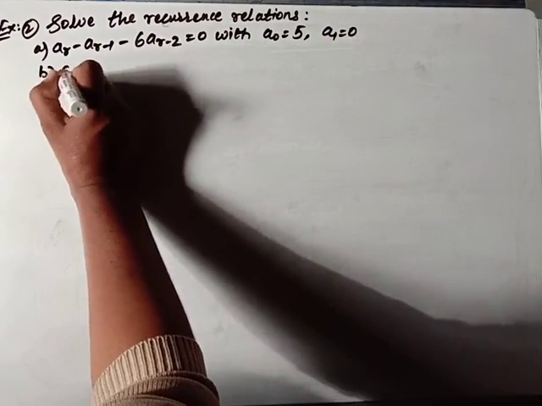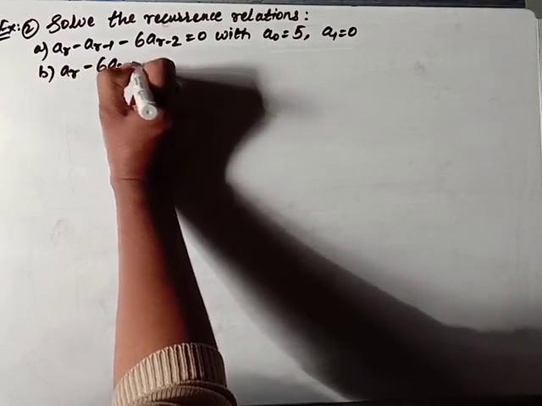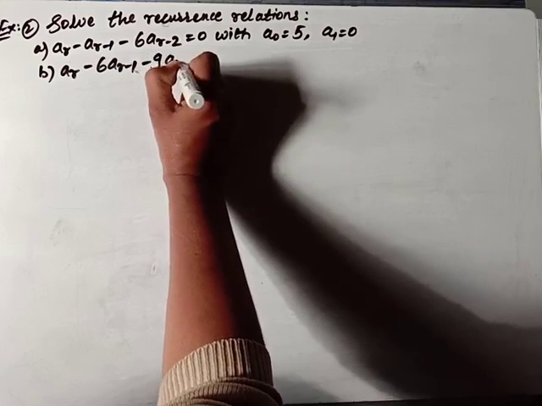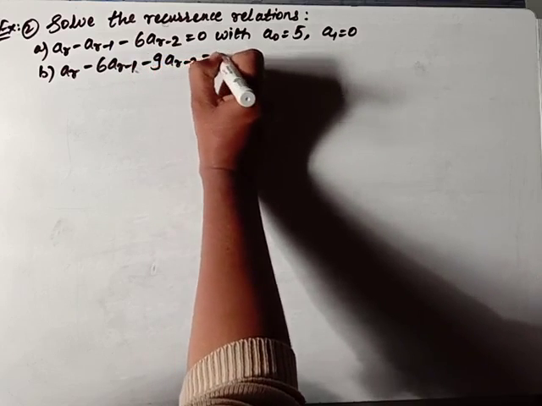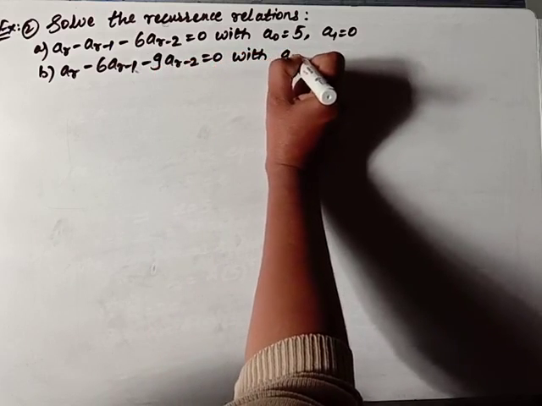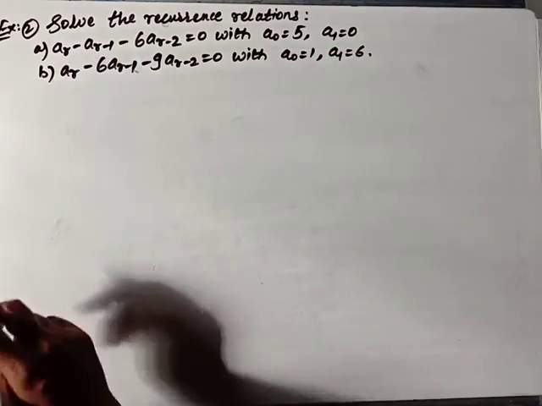The second one is a_r minus 6 a_(r-1) minus 9 a_(r-2) is equal to 0, with a_0 is 1 and a_1 is 6. This is given to us.